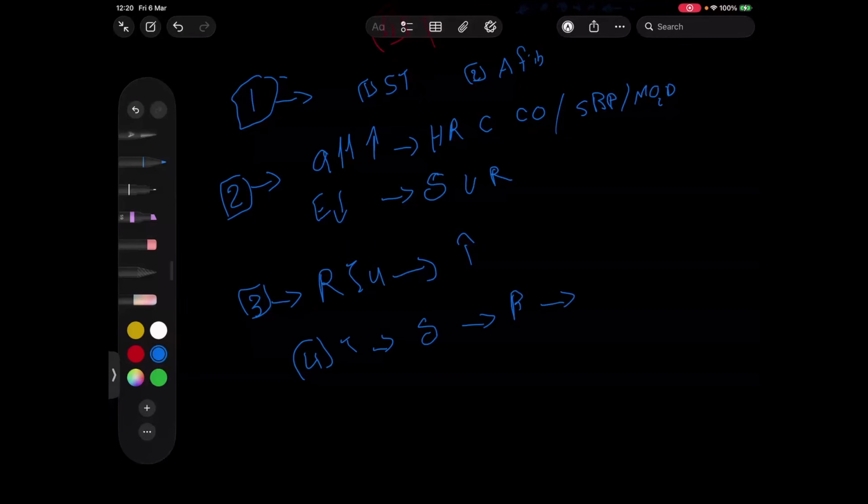After beta blockers, what are you gonna do? Number 3, anti-thyroid drugs. You're gonna go for the thionamide. So that's number 3, thionamide.